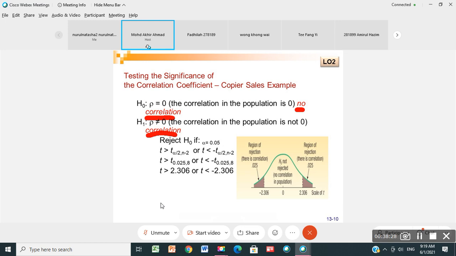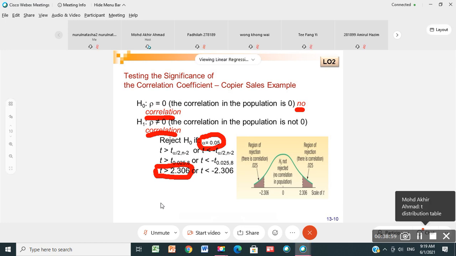Given alpha is 0.05, in the t distribution table we get 2.306. You look at the t distribution table, alpha 0.025 and degrees of freedom 8.